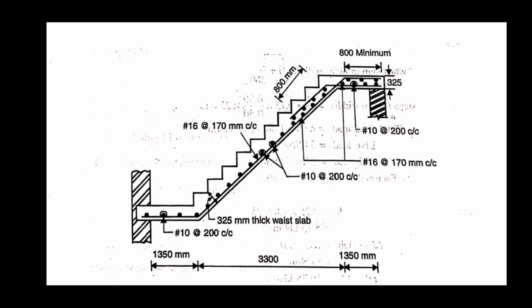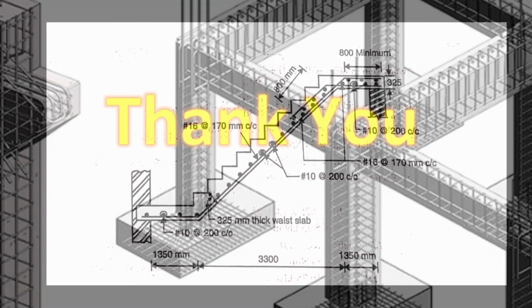Total overall depth is 350 mm, and for development length 800 mm length is given, you can see here. Okay, so this is the ultimate drawing, and here the problem ends. I hope you enjoyed the class. Thank you for listening.